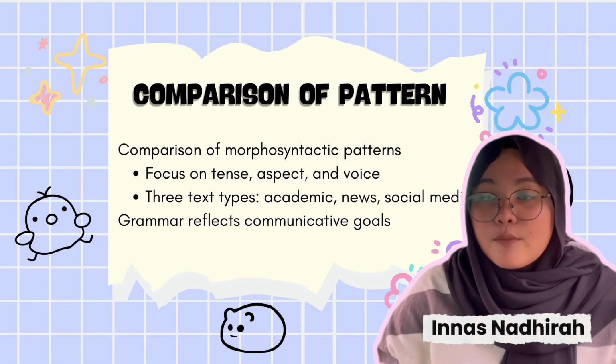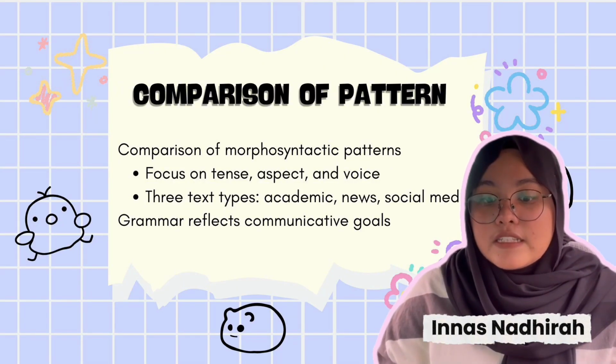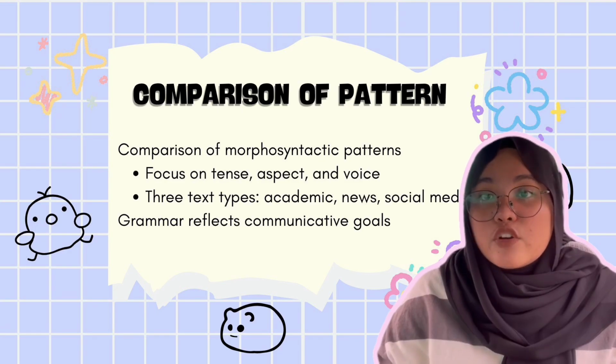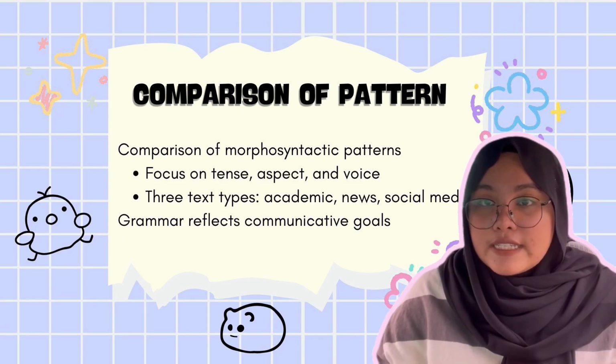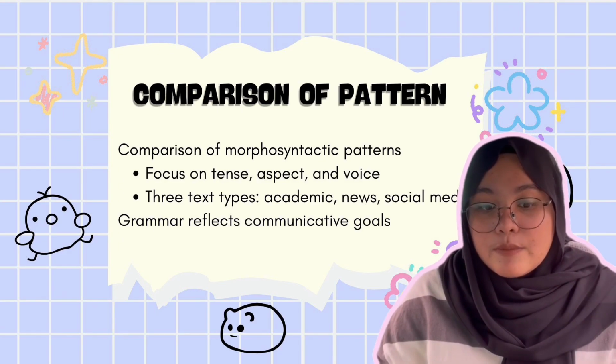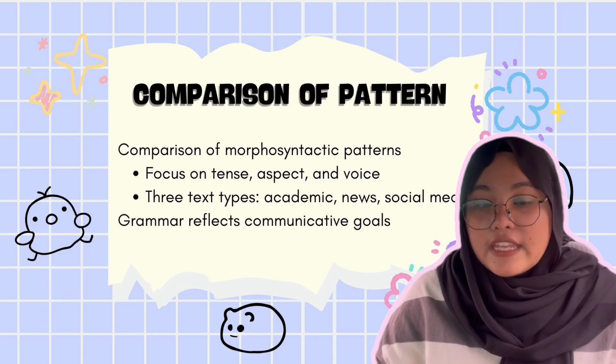These sections compare morphosyntactic patterns across the three texts to show how grammar changes based on their purpose. This comparison is important because academic, news, and social media texts are written for different audiences and goals.